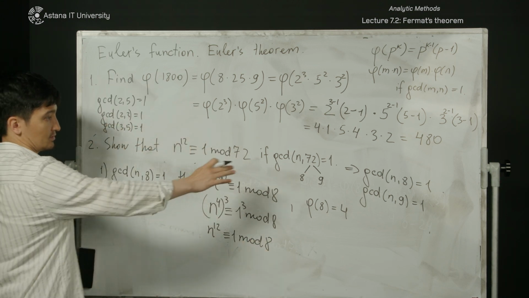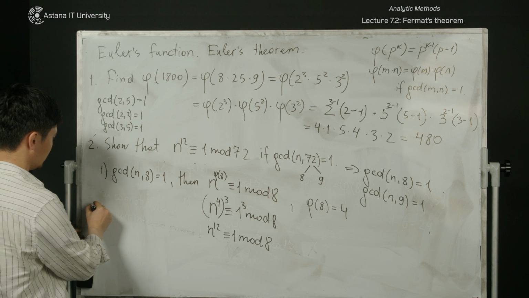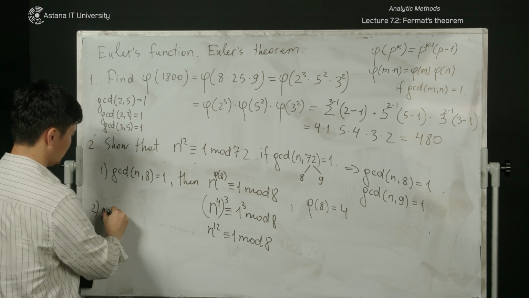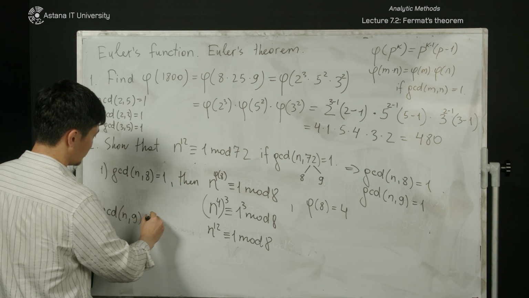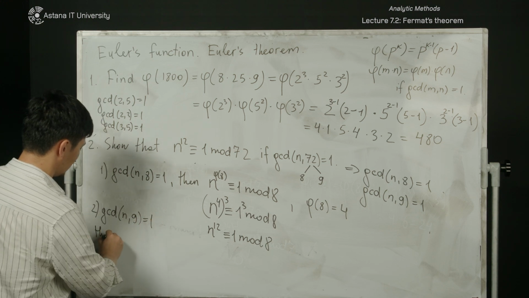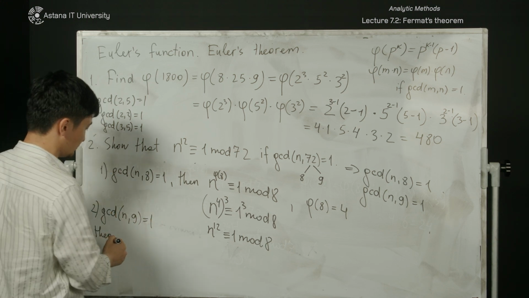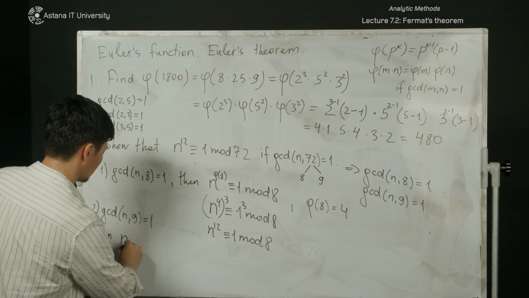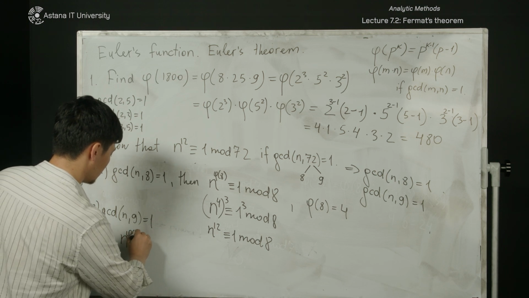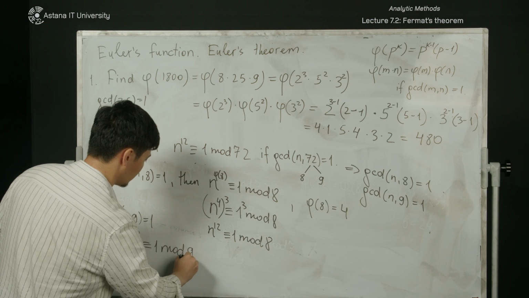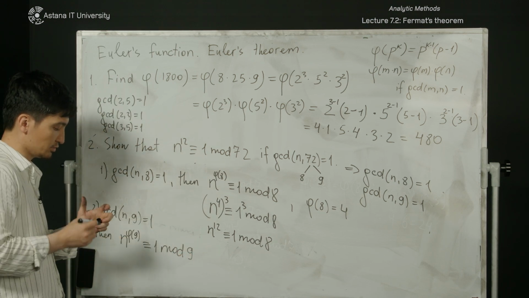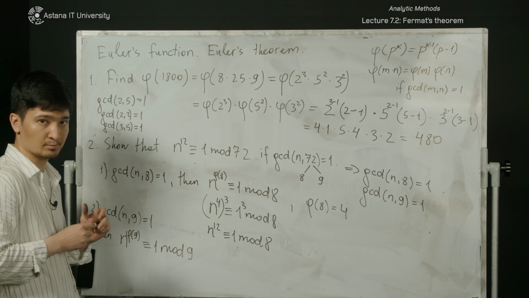Now let's consider the second one. GCD of n and 9 is also 1. Then by Euler's theorem, n to the power of phi of 9 should give me 1 when divided by 9, and we remember that phi of 9 is equal to 6.